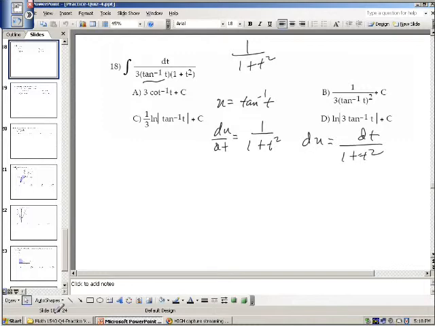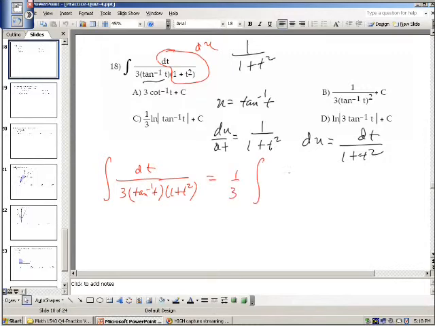So we can see that dt over 1 plus t squared can be replaced by du, and we get that the integral of dt over 3 inverse tangent of t times 1 plus t squared is equal to 1/3 the integral of du over u.